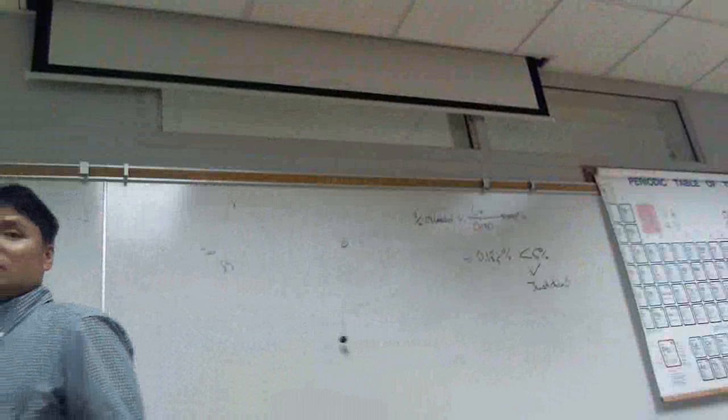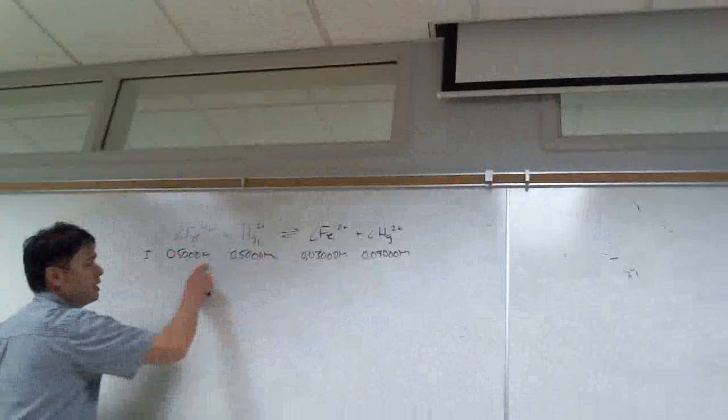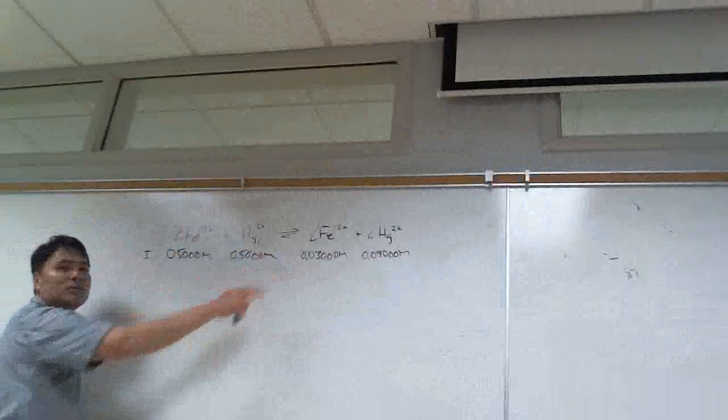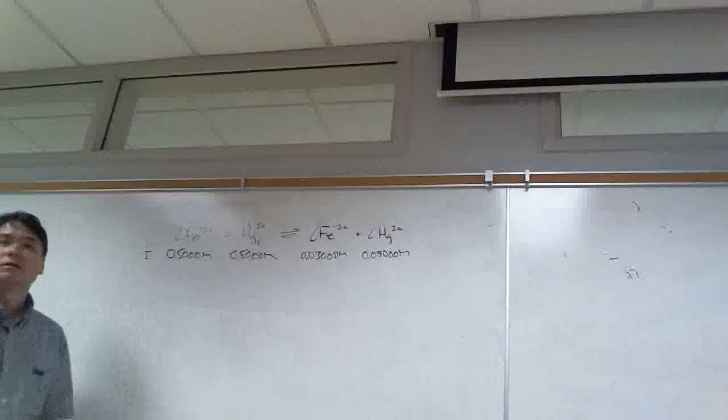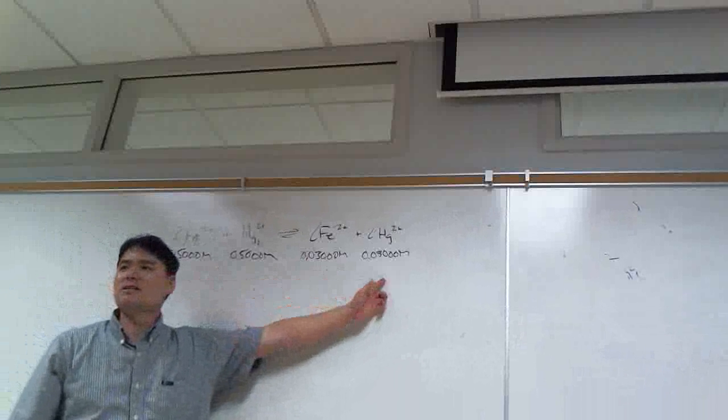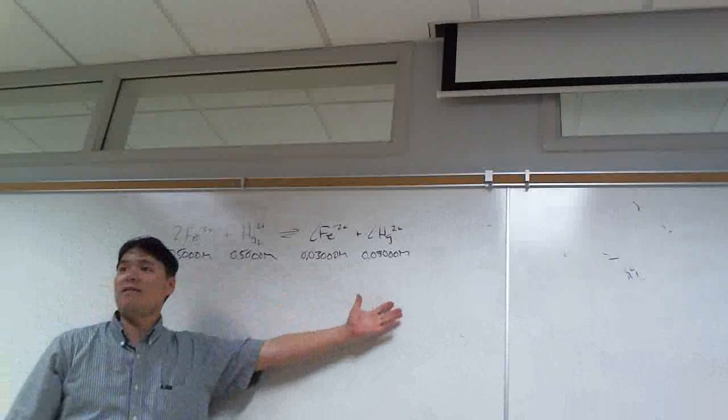There's no zeros here. Is it going to be minus 2x, minus x, plus, plus, or will it be plus, plus, minus, minus? You'd think it's plus, plus, minus, minus because of the small K value.